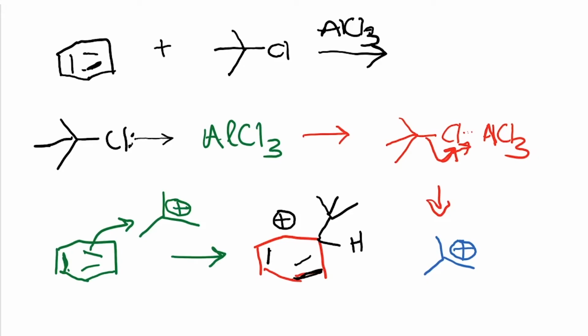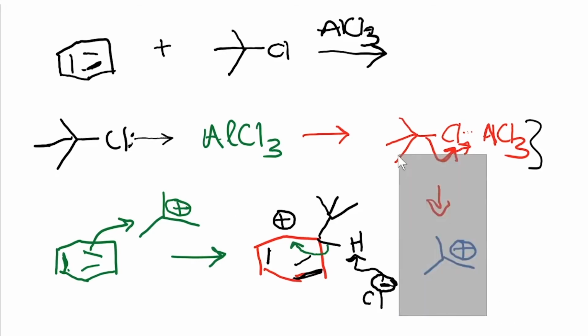Now, as we discussed earlier, there could be some base, maybe some amount of chloride floating around as a dissociation of this complex, and it attacks, and you have a loss of a proton essentially to give you the product, which is nothing but the alkyl benzene, right?